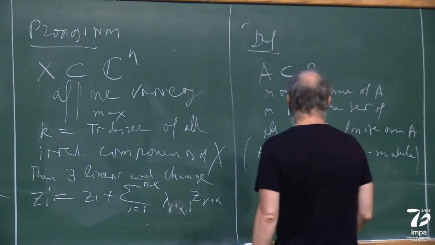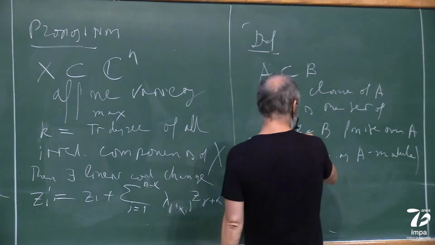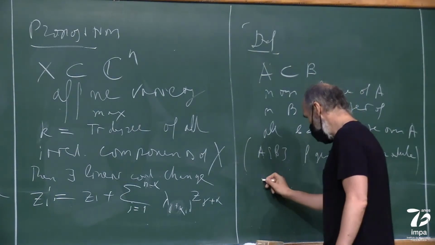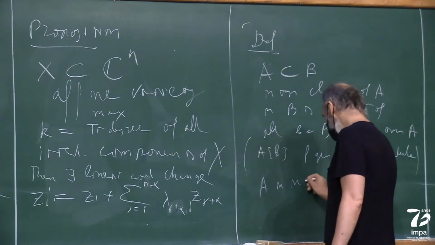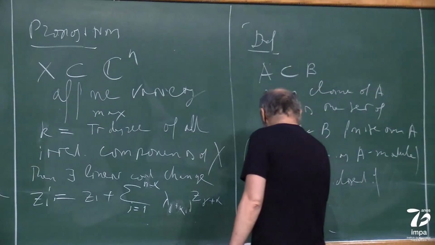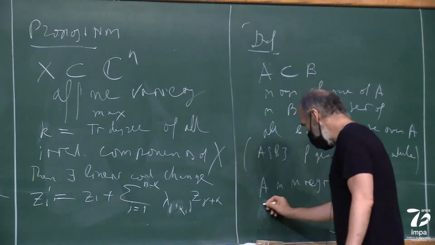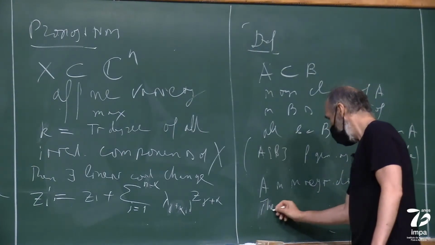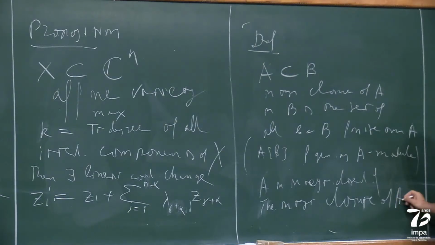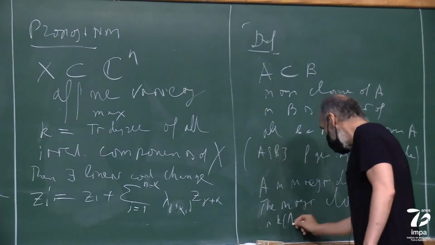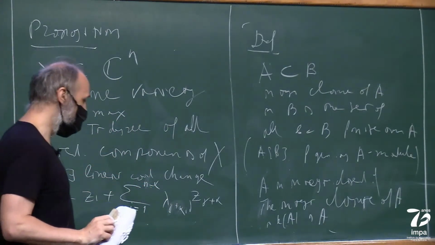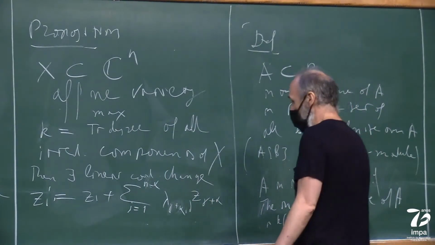Yeah, and then if you have integral closure, A is integrally closed, or normal, if the integral closure of A in the corresponding fraction field K(A) is A. Of course, this definition requires us to have no zero divisors.